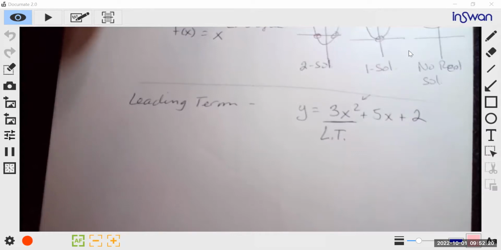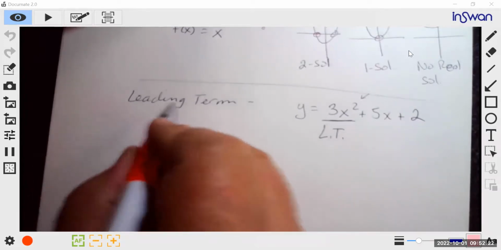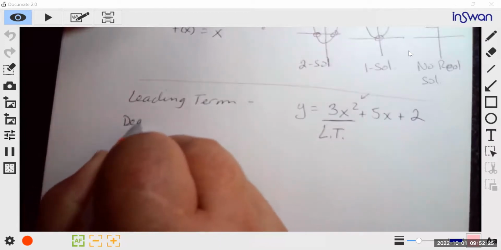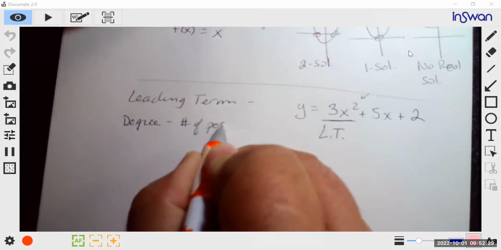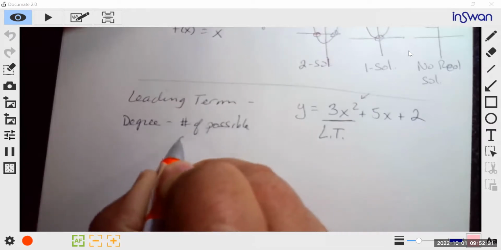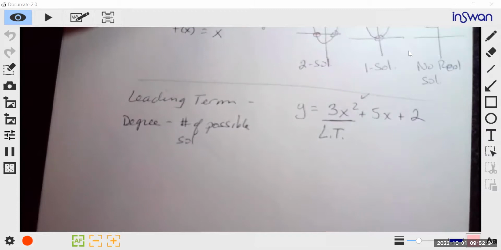In the leading term, we have the degree. Number of possible solutions. What else?